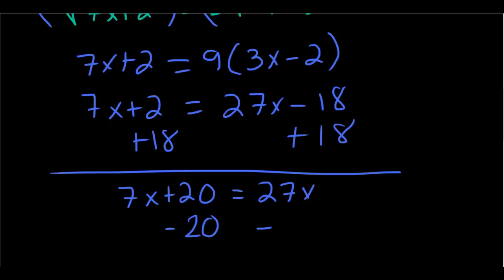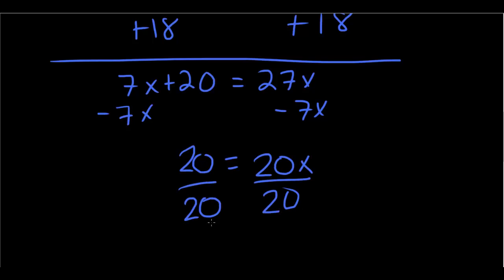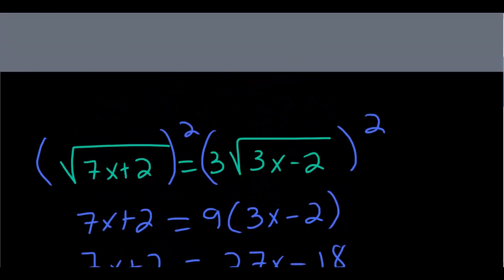We subtract 7x. My bad, I'm sorry. And then we're going to have 20 equals 20x. We divide both sides by 20. So x equals 1. And if x equals 1, we have to go back and test it.